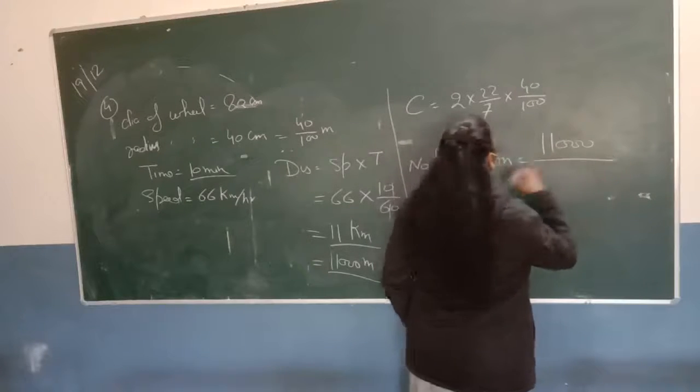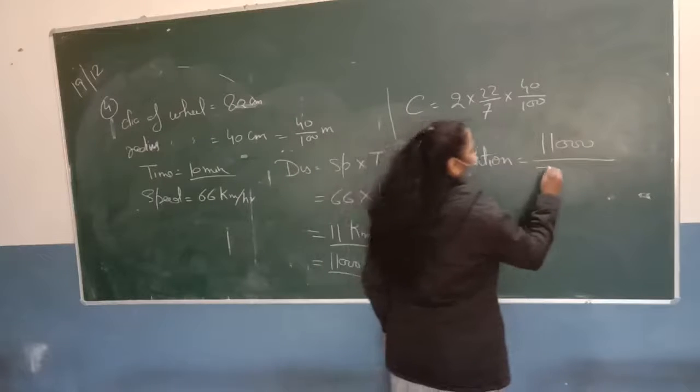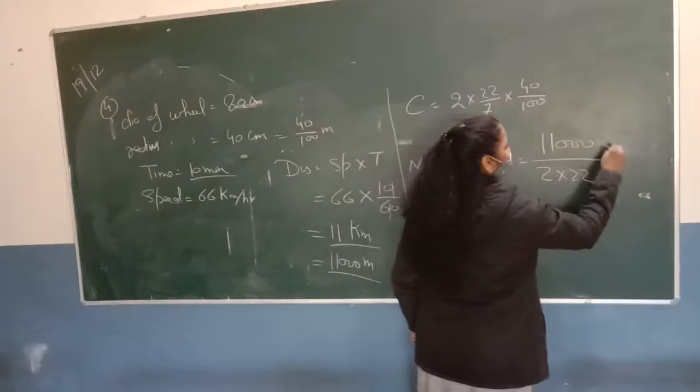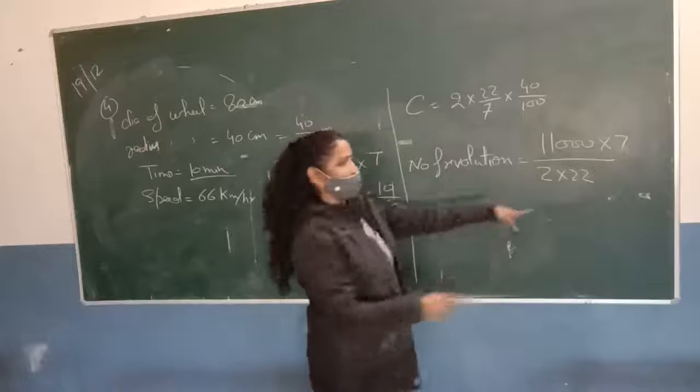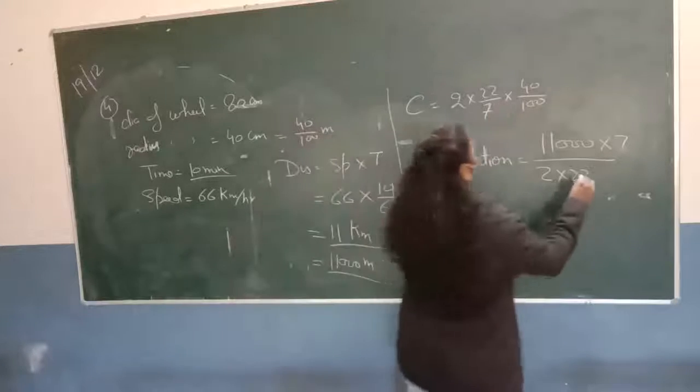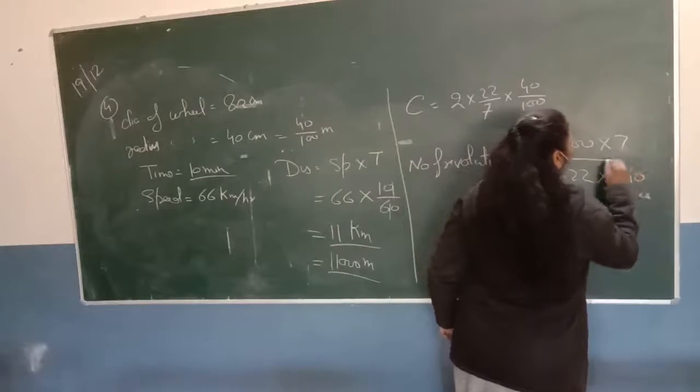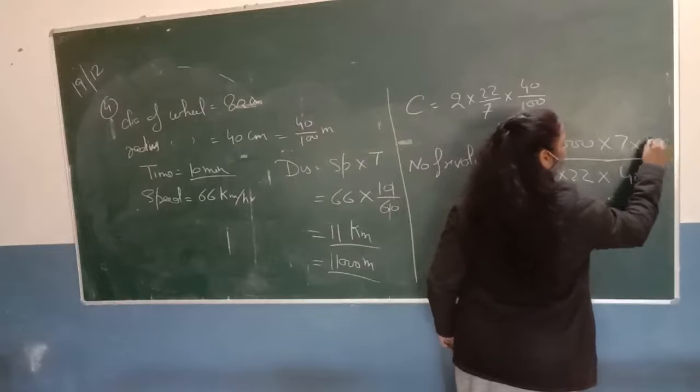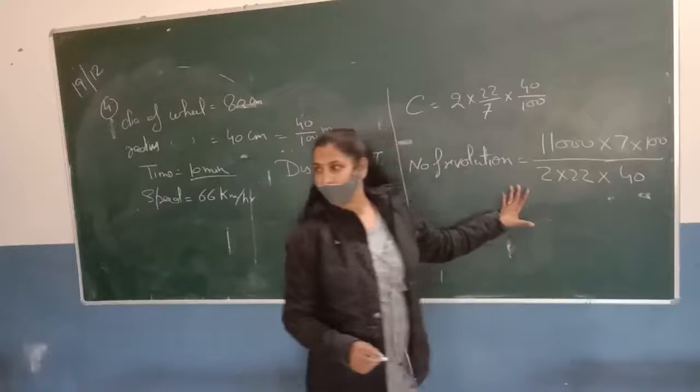11,000 divided by the circumference, that is 2 into pi into r. 7 upon में है 5 चला जाएगा, ऊपर चला जाएगा. Any problem?